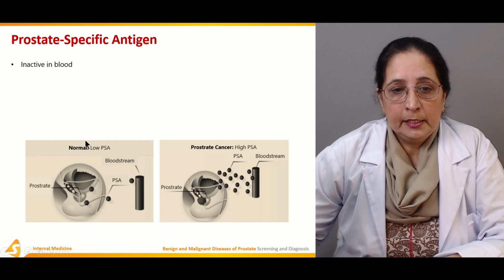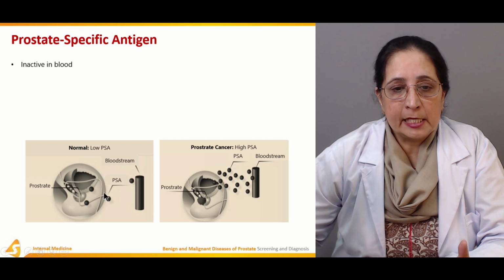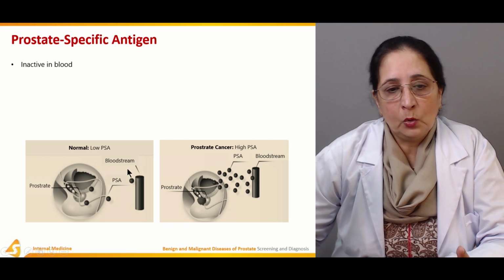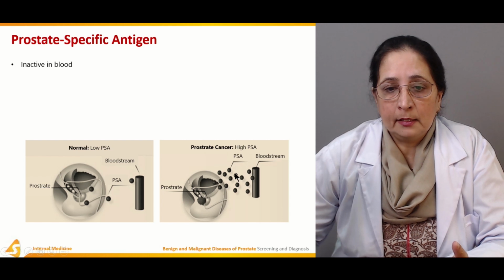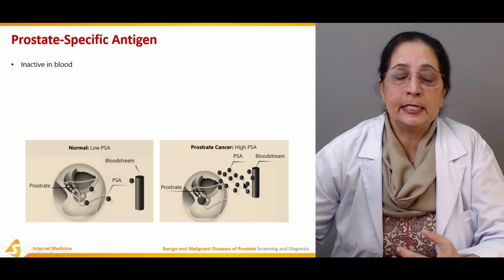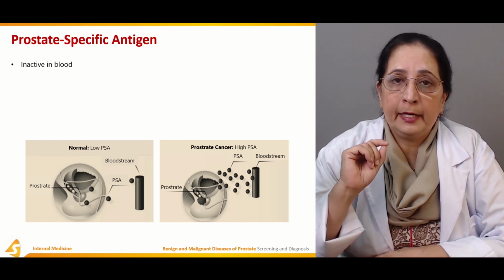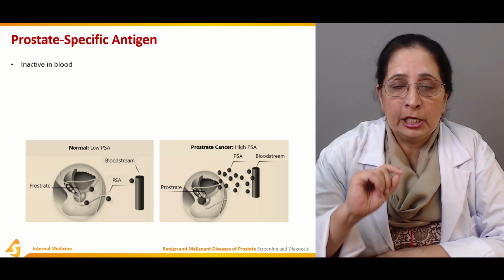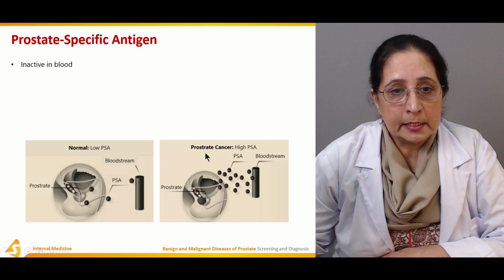Here, that's the normal level, how much prostate-specific antigen is produced and goes into the bloodstream. But in the case of cancer, there is a very high level of prostate-specific antigen, and any high level is an indication that there might be a problem with the prostate gland.